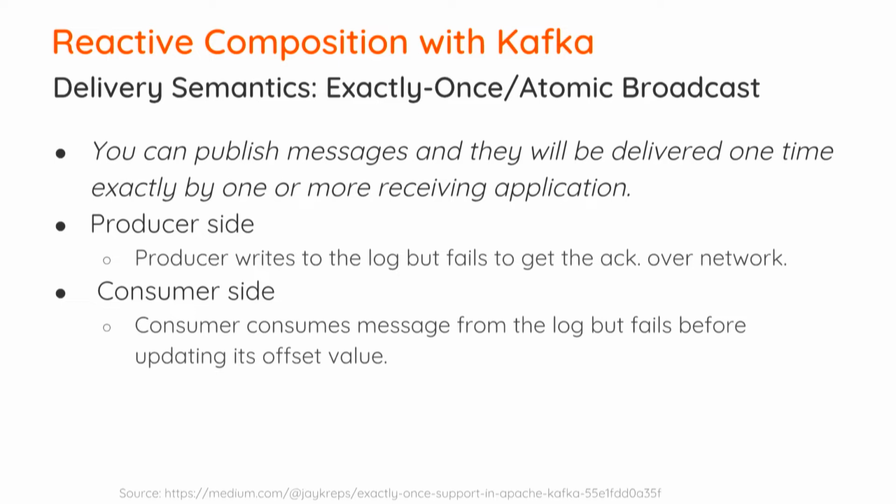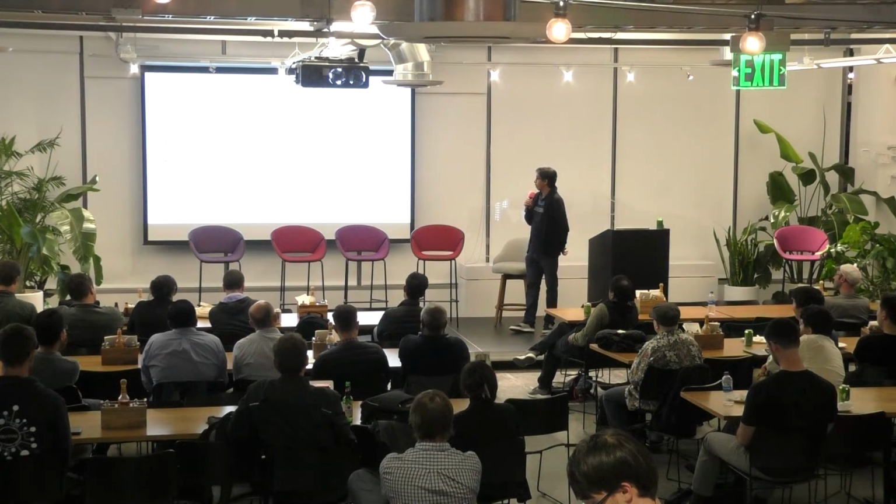When it comes to implementing this kind of pattern using Kafka, there are two areas we have to be aware of. The first one is the producer. The producer starts writing messages to the log, and before it gets the acknowledgement, it fails. That's a failure at the producer side.